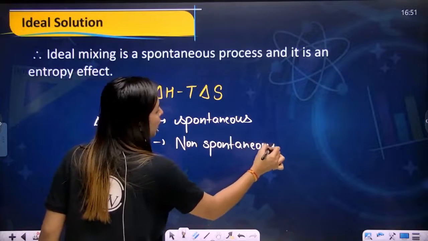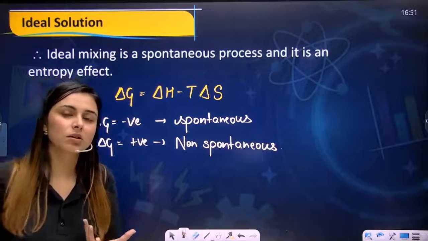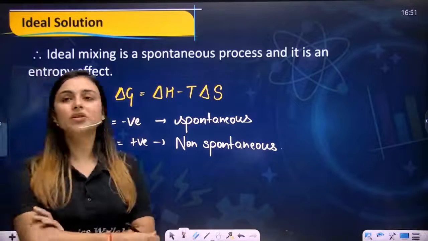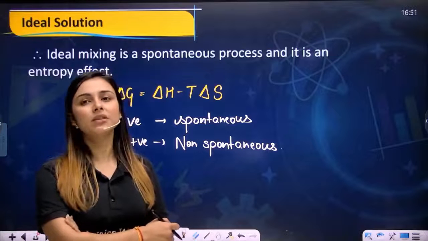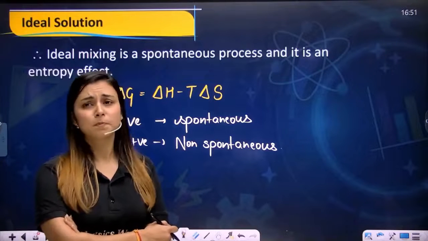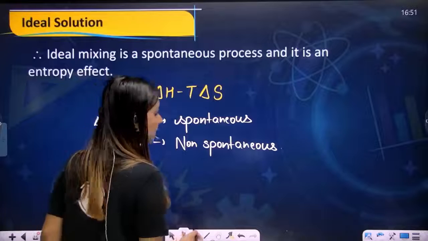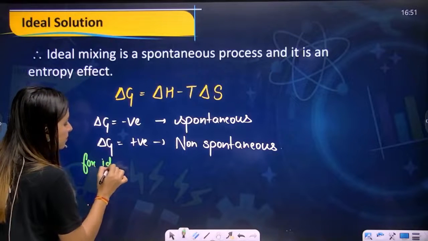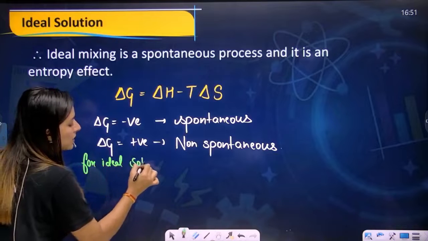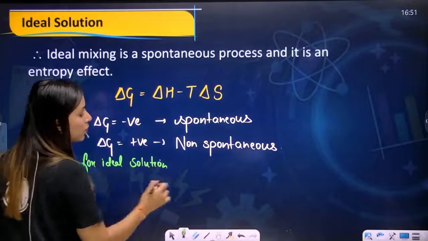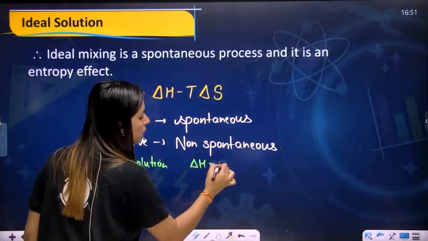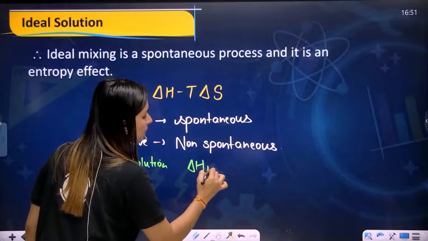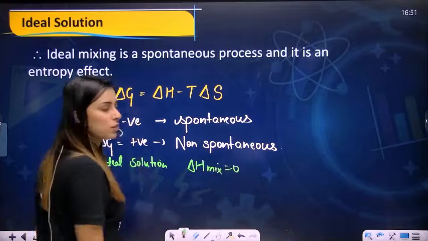Okay. Now, you have just studied the thermodynamic parameters. Can you apply those parameters in this equation and find out if it is a spontaneous process or not? Yes. See, for an ideal solution, I know that delta H mixing is always 0.